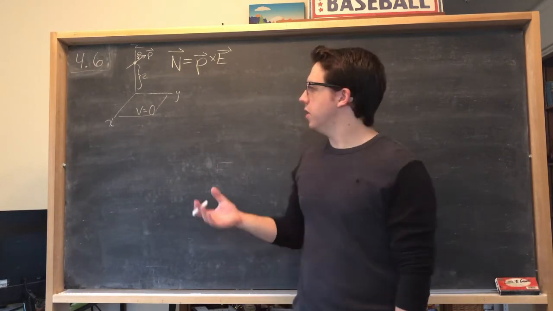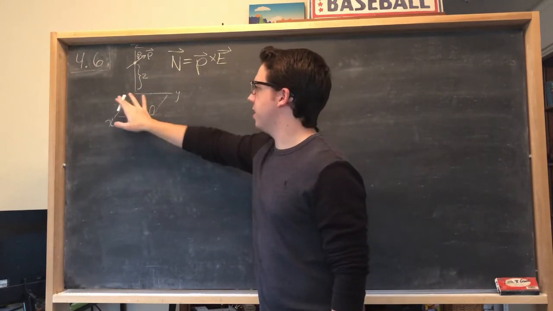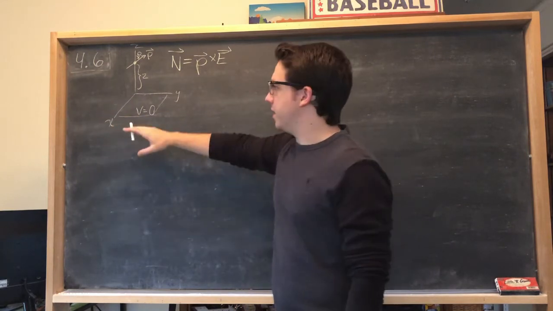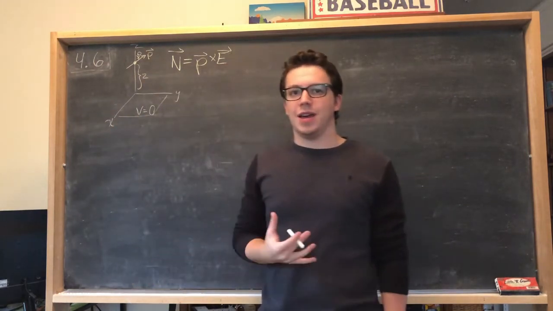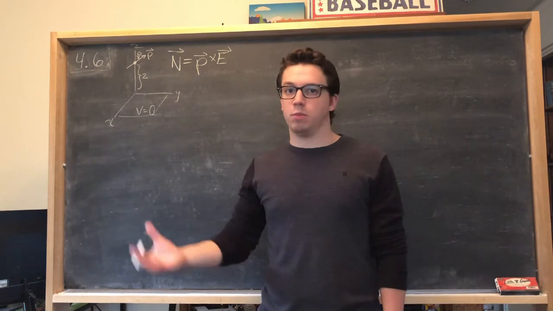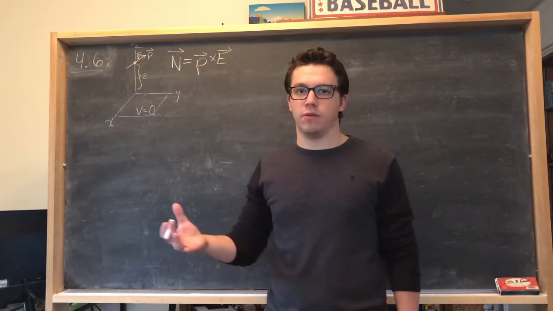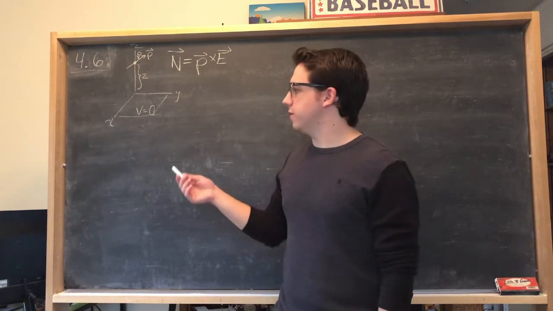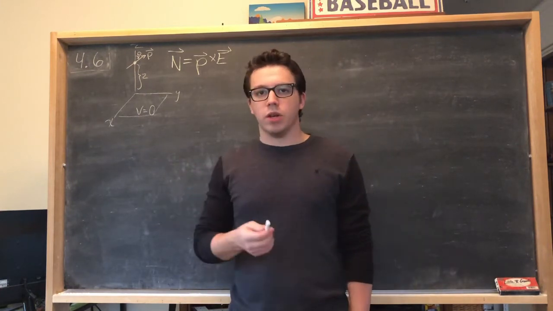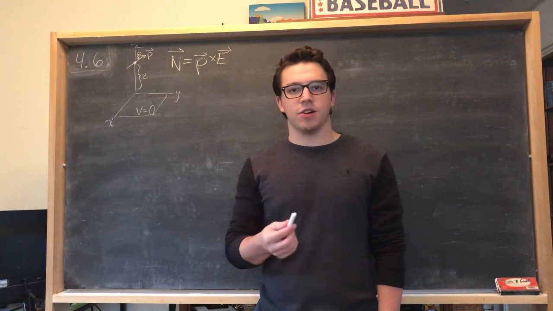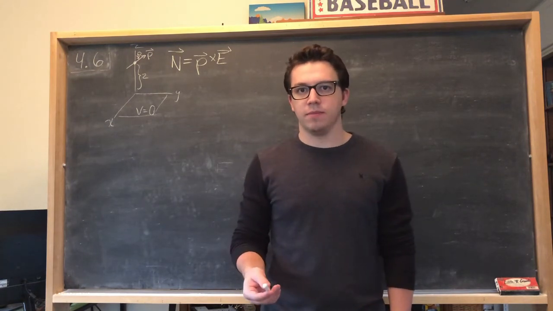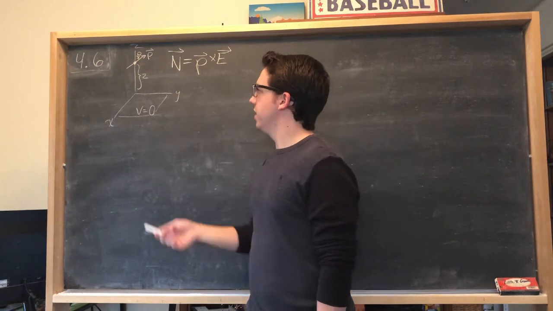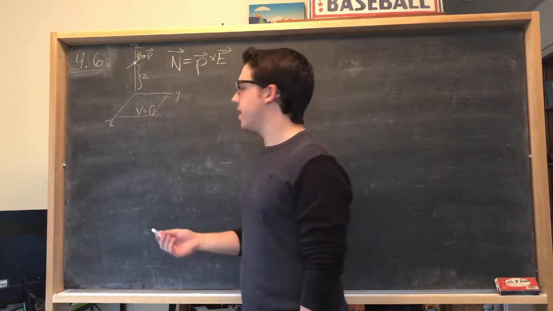Because in chapter 3, we have similar setups to this, where we have an infinite grounded plane and some charge distribution, and we're supposed to calculate the potential or the electric field of the configuration. That's basically what we have to do here. So we're going to use the methods developed in chapter 3 and apply them to this problem so that we can find the electric field of this setup.